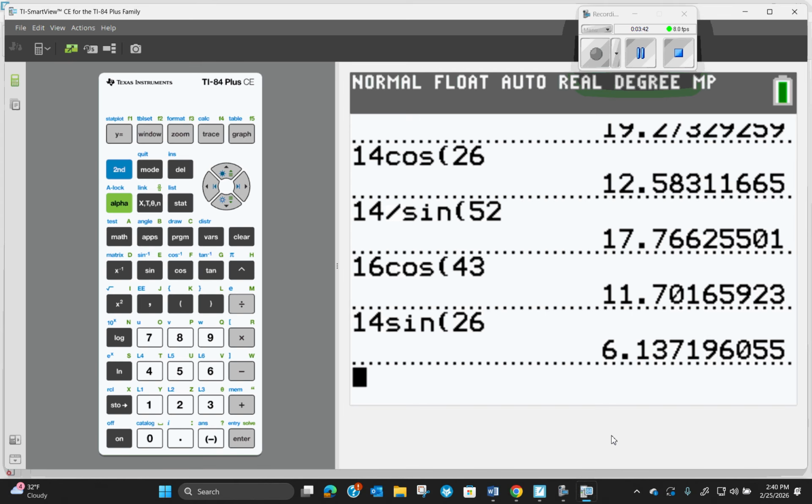Notice I'm going to go second, and I'm going to go to this inverse sine.